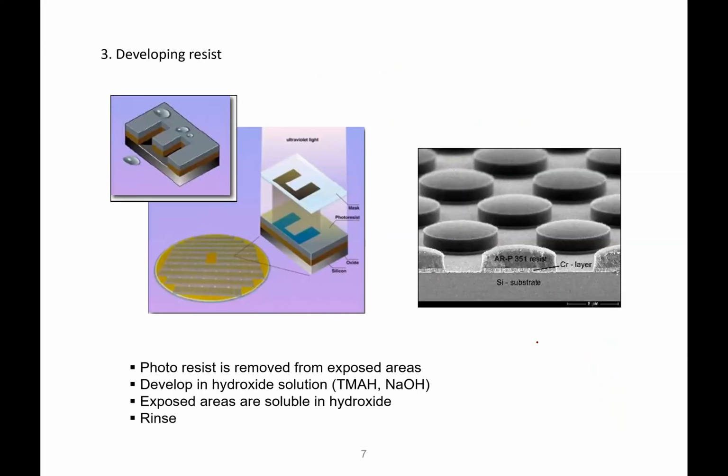Some of the pattern area can be removed or the other area remains, by the reaction enhanced by the light. So we can have this type of pattern transfer on the substrate, right? These are all the photoresist patterns after developing. Pretty nice, right?